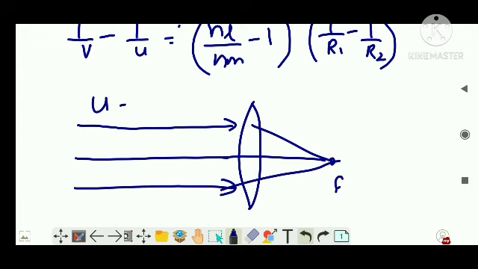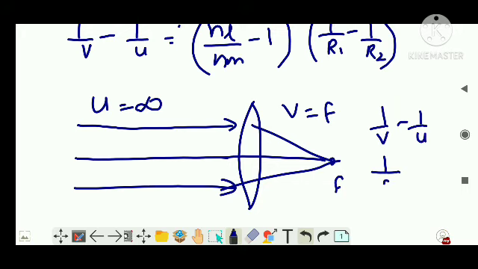So when the object distance is infinity, the image distance is f. So in the same equation, in place of V I write f, and 1 by U is 1 by infinity, which is 0, so this term goes off. So in place of 1 by V minus 1 by U, I can write 1 by f.